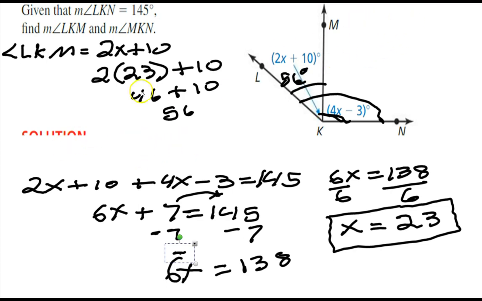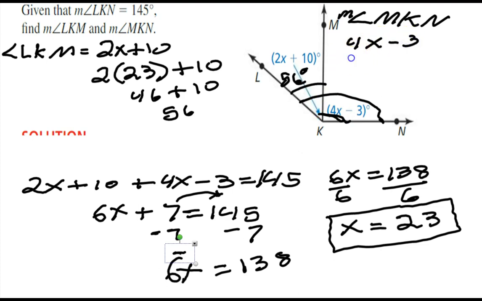I have to find some space to work out the next problem. Let's see if we can fit it in here. We're going to look for angle measurement M, K, N. The expression that represents that smaller angle right here is 4x minus 3.